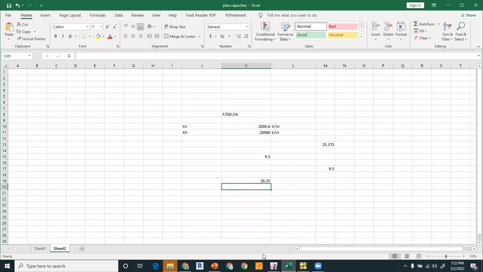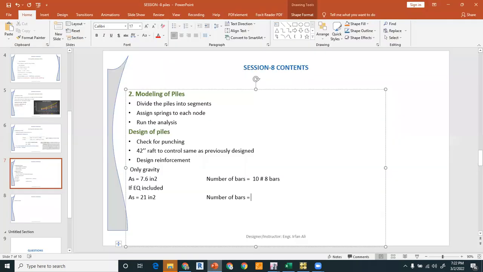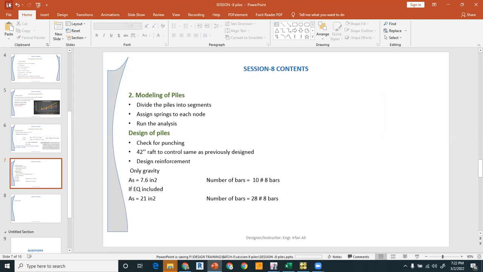So you will provide 27, or you may go for 27 bars as well. It is circular, you can adjust it with the draftsman. Let me round it, so we will use 28 bars, 28 number 8 bars. Right. So this is the flexure design of the piles.